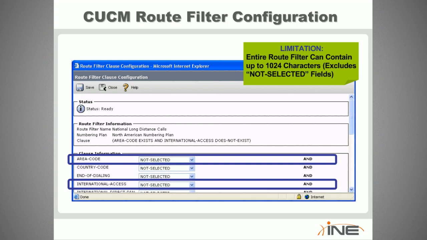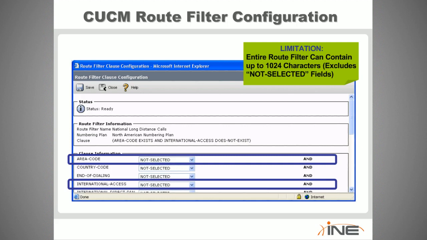So the types of route filters and and or clauses that you have to set up can be fairly complex, and you can actually quickly get into a situation as you break out these what are called NPA NXXs, or these prefixes within the area code. You can quickly get into a situation where you don't have enough characters to contain all of what you need to match the route filter.